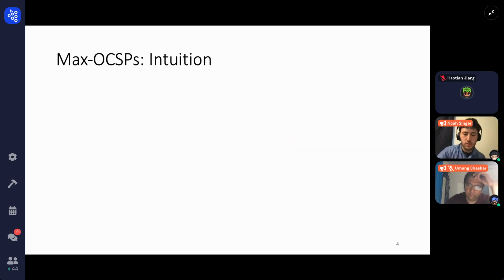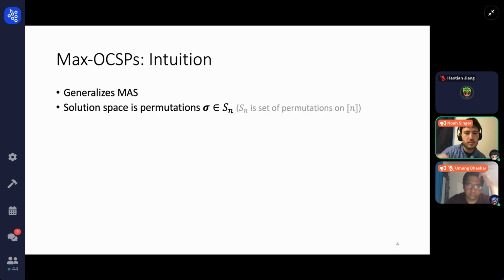So this MAS problem belongs to a whole class of problems, which are called maximum ordering constraint satisfaction problems. In all of these problems, the solution space of possible assignments is still the set of all permutations on, say, the first n natural numbers. But now we have k-ary constraints, and they say something about the order of k positions in an assignment sigma.